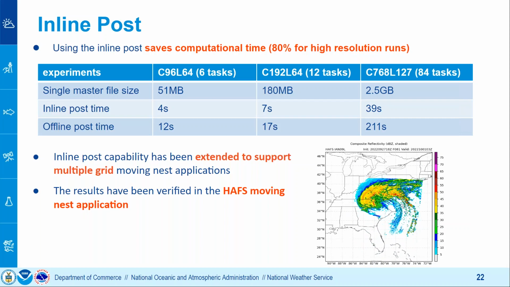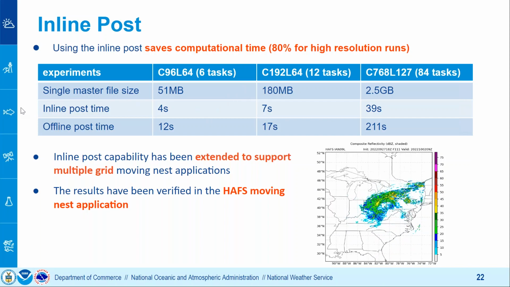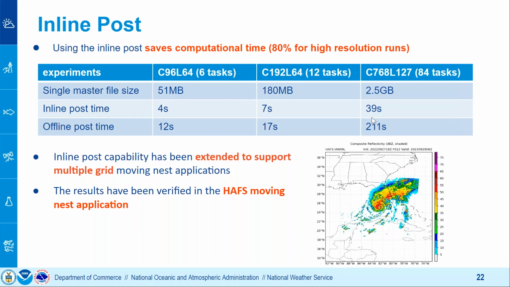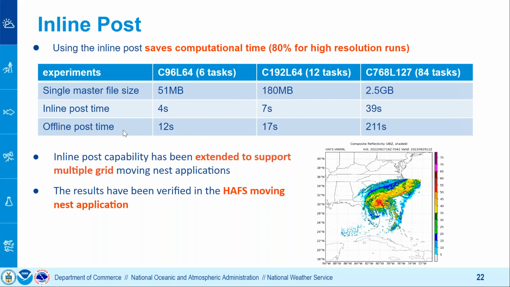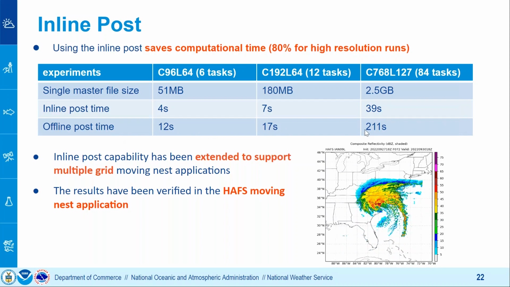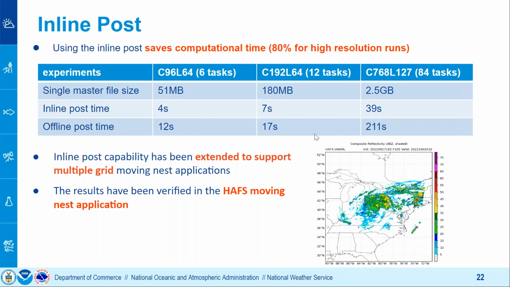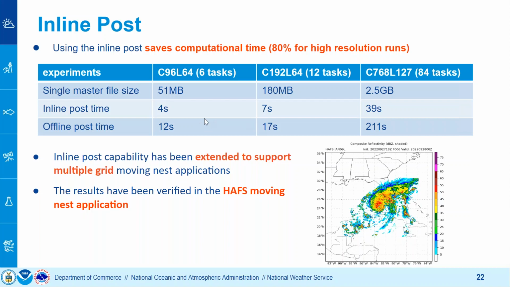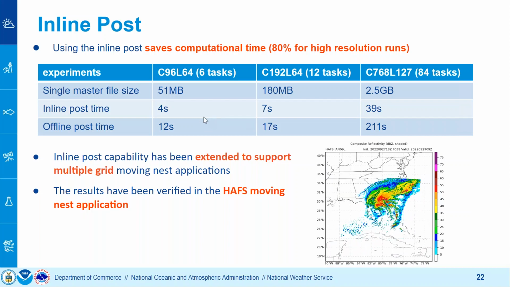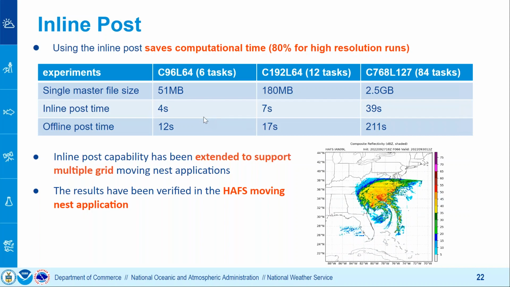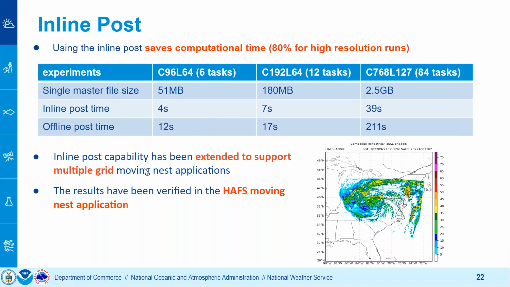As you see here, to produce the same results, the inline post only takes 39 seconds, but offline post takes 211 seconds. So when you reduce the I/O, you allow other people to use the I/O capability.